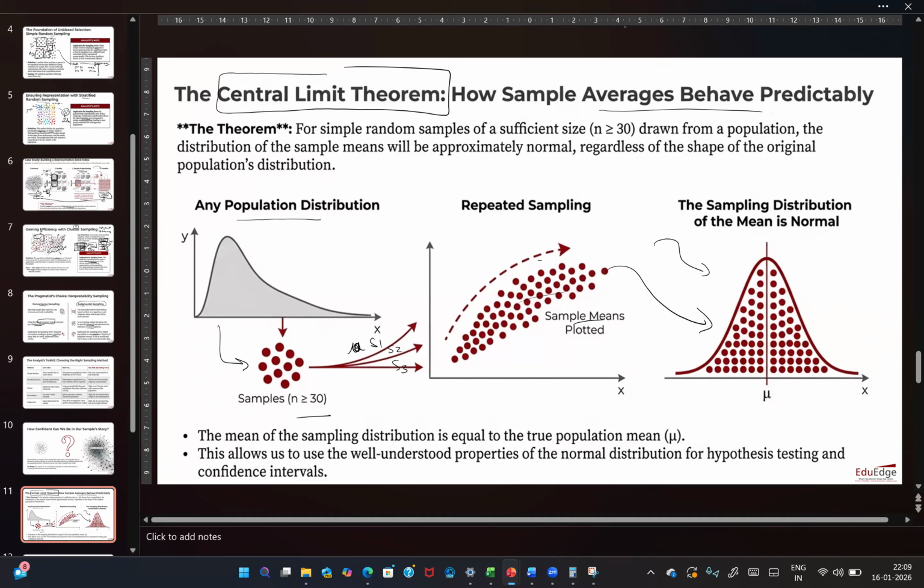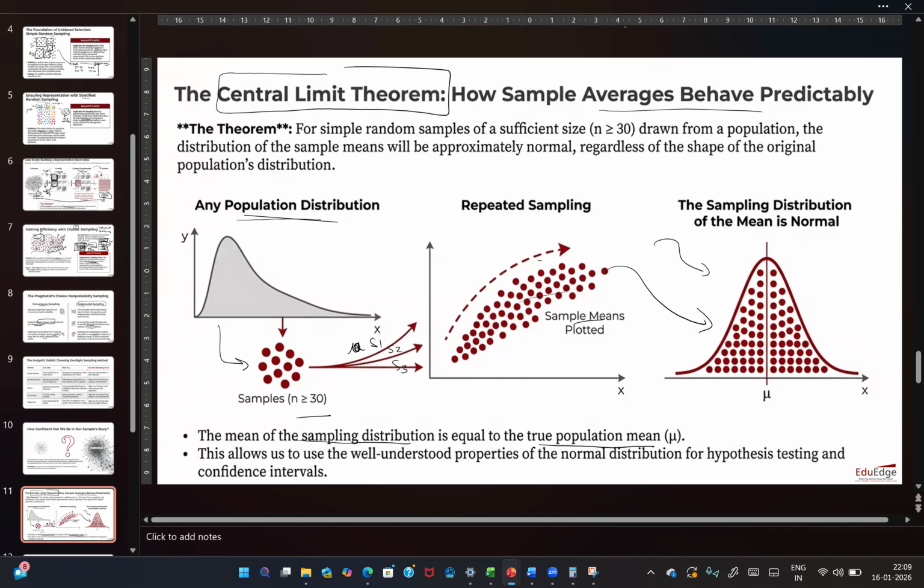If your number of samples goes towards infinity, then this distribution will go to a normal distribution in the limit. The mean of the sampling distribution will then be equal to the true population mean. So whatever your population distribution, ultimately you end up getting a normal distribution.